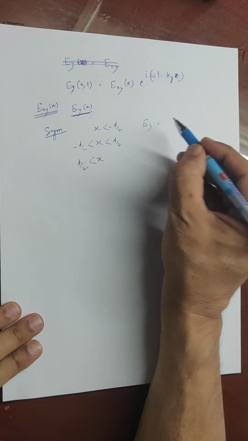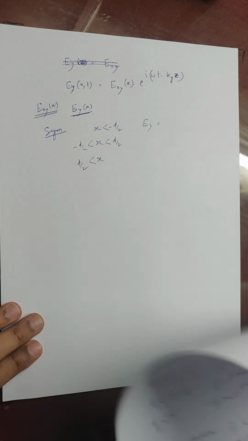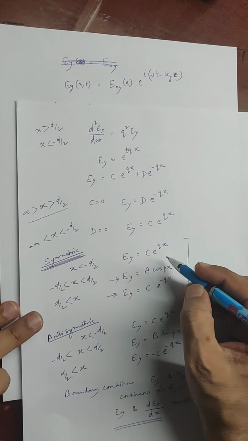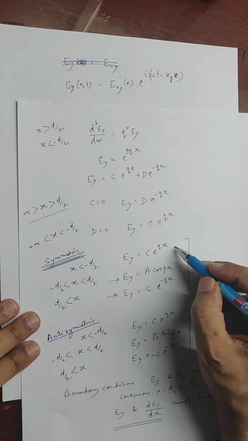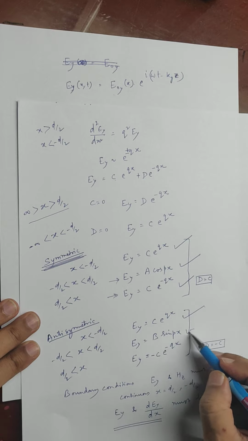We have already shown those things. This is E0y basically. So this is the symmetric solution, this is the antisymmetric solution.